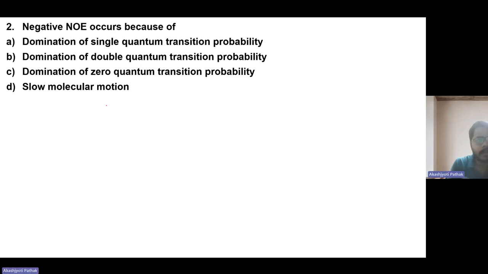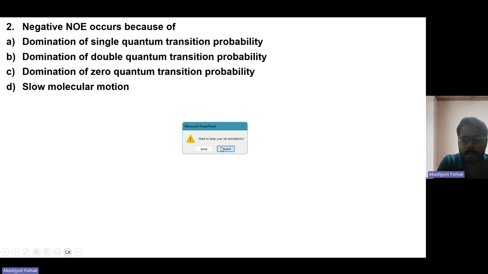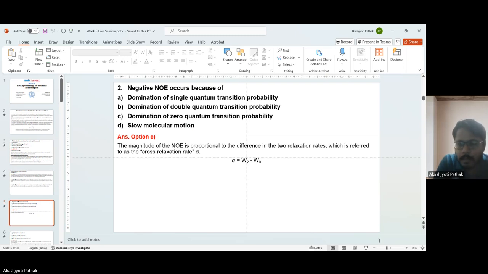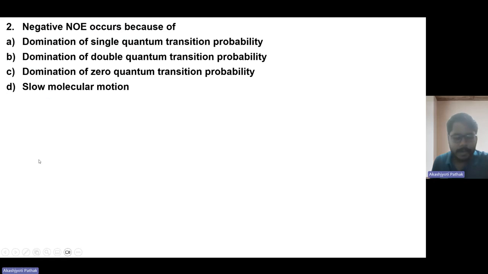Now we'll move on to the second question. The second question is: negative NOE occurs because of. The four options are domination of single quantum transition probability, domination of double quantum transition probability, domination of zero quantum transition probability, or slow molecular motion.